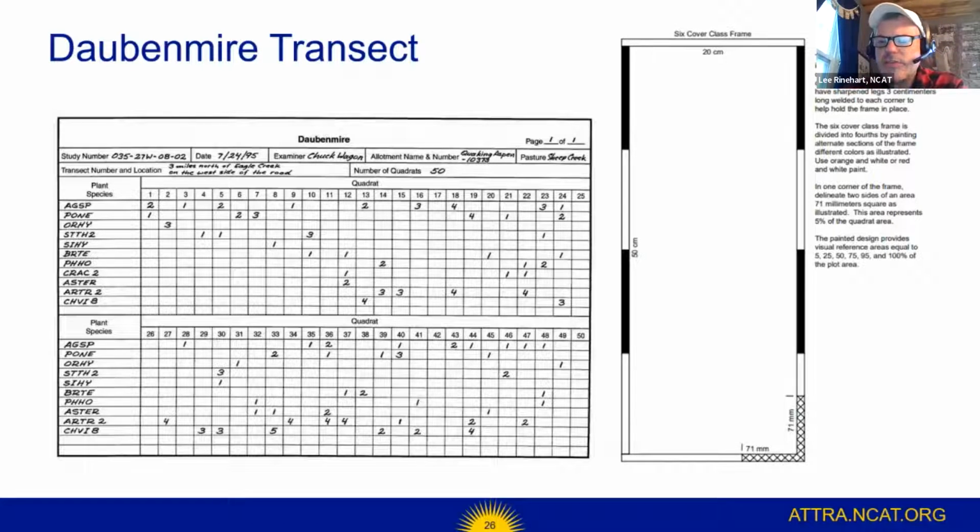That square represents 1 to 5% of cover class. Then the bottom quarter is 25%, and you'll see up to 50%, and then the white area up towards the top represents 75%, and the whole frame would represent 100% cover class.